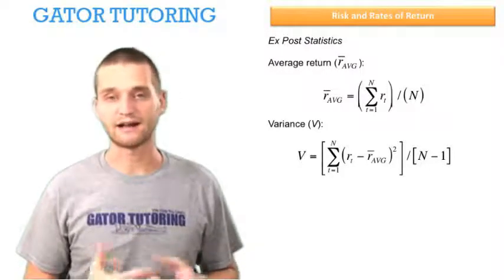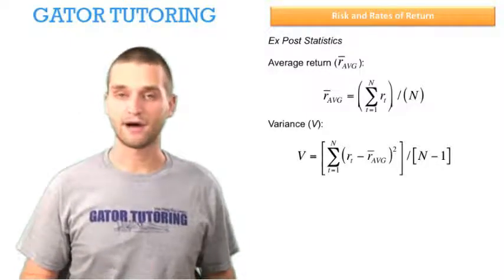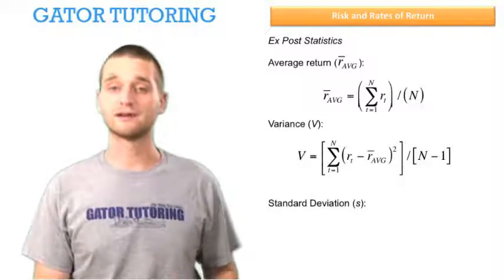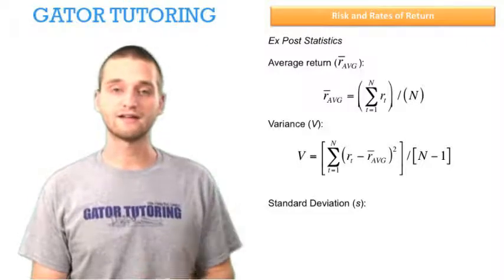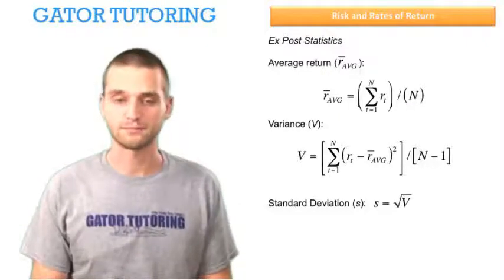We square that, again to keep the distances positive, and we divide by capital N minus 1. The standard deviation, which we denote little s to differentiate it from the standard deviation of ex ante data, which again we denote sigma, is just the square root of variance.